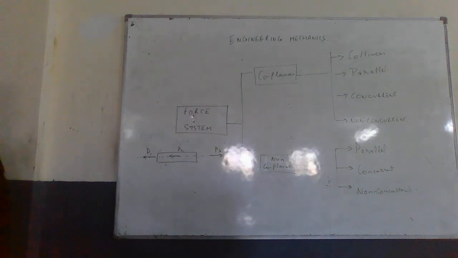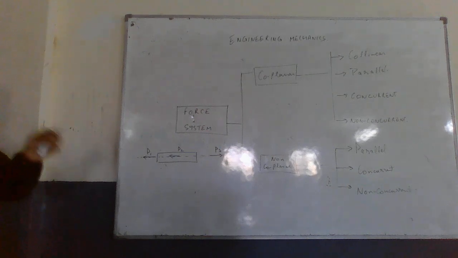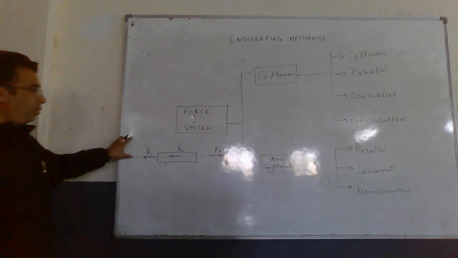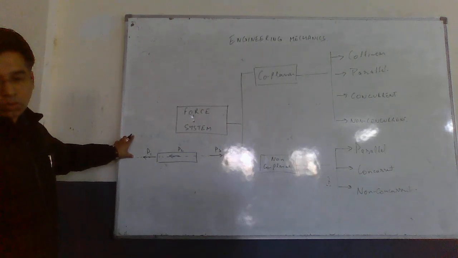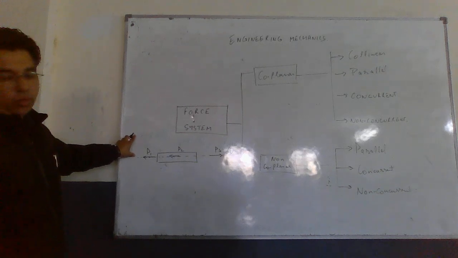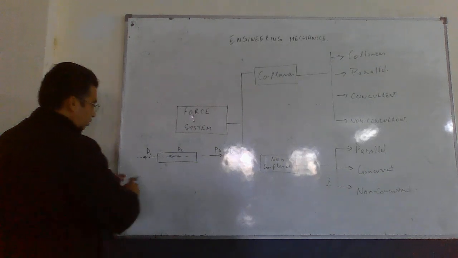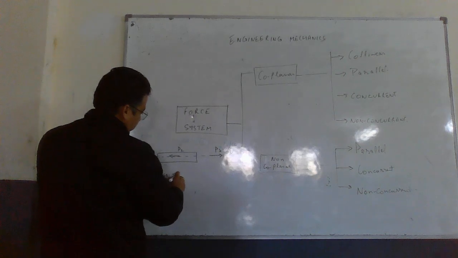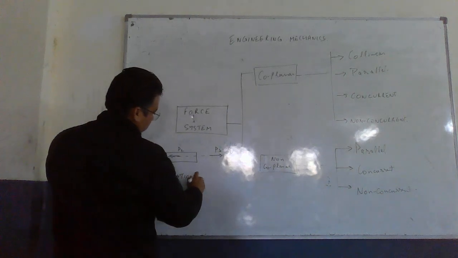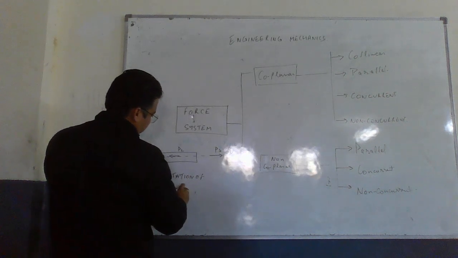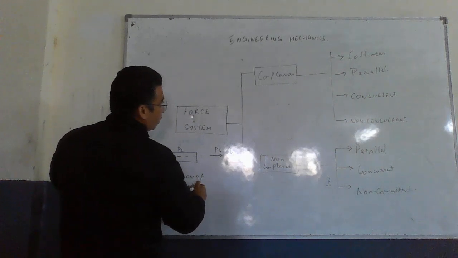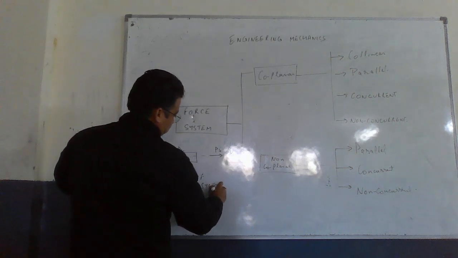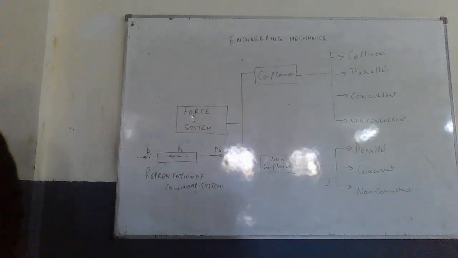All these forces are lying on the same line of action. That's why we represent this as a collinear force system. So this is a representation of a collinear system. This is clear?